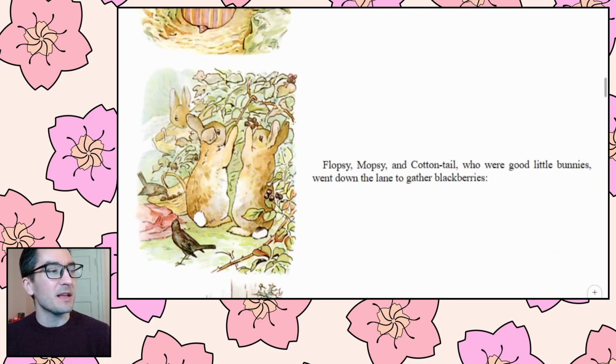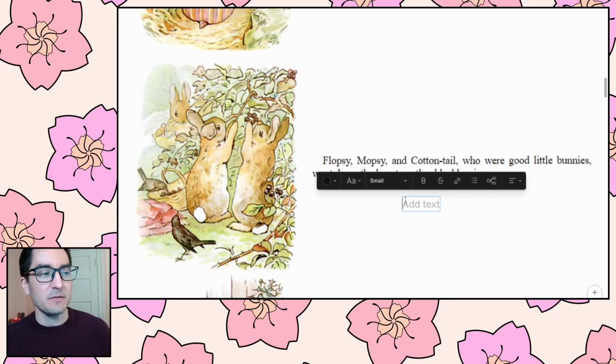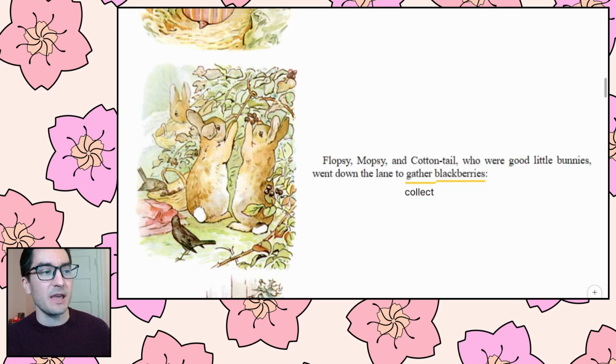So, Flopsy, Mopsy, and Cottontail, who were good little bunnies, went down the lane to gather blackberries. So these 3, Flopsy, Mopsy, and Cottontail, are good bunnies. They went down the lane to gather blackberries. Gather is kind of like the word collect. So they got many of them and put them together.